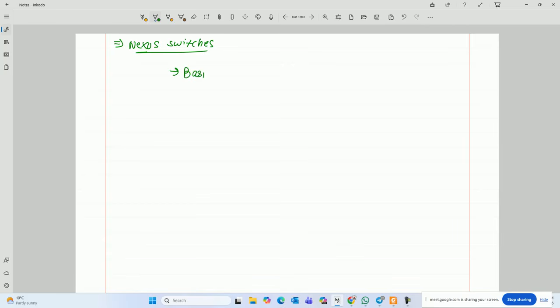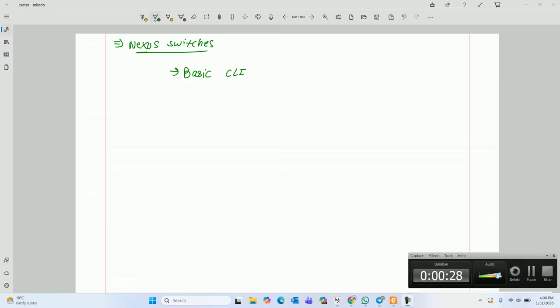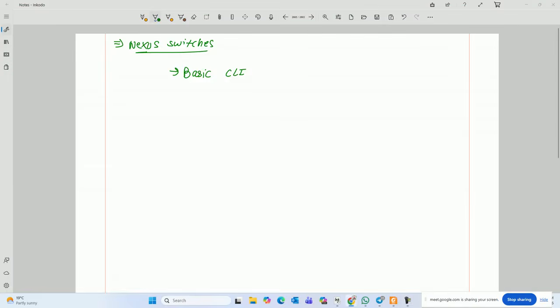We have discussed basic CLI. I hope you guys remember about the bootable image.